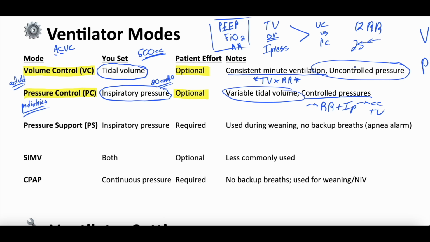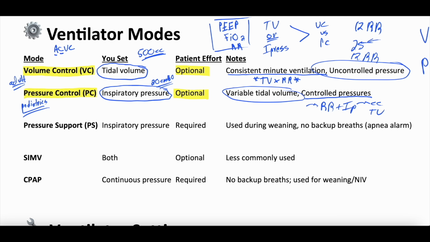Whereas if they are not taking breaths of their own, that ventilator will just give them the 12 breaths that you set. So it's not like the patient is trying to breathe more, but the ventilator isn't helping them with those breaths. The patient will be helped with as many breaths as they take, but at the very least, the ventilator will give them whatever respiratory rate you set. This is in comparison to something like pressure support.